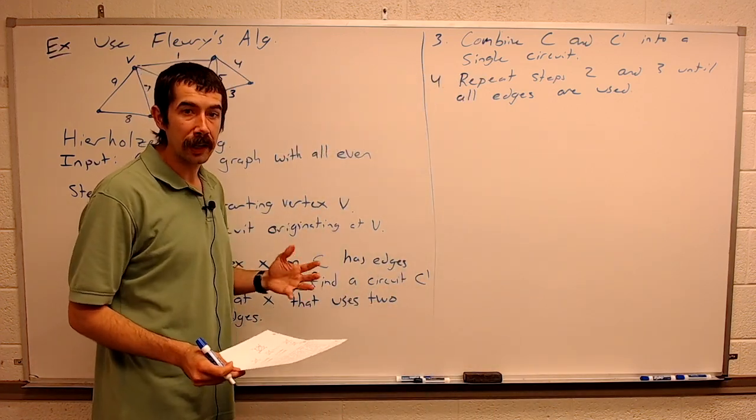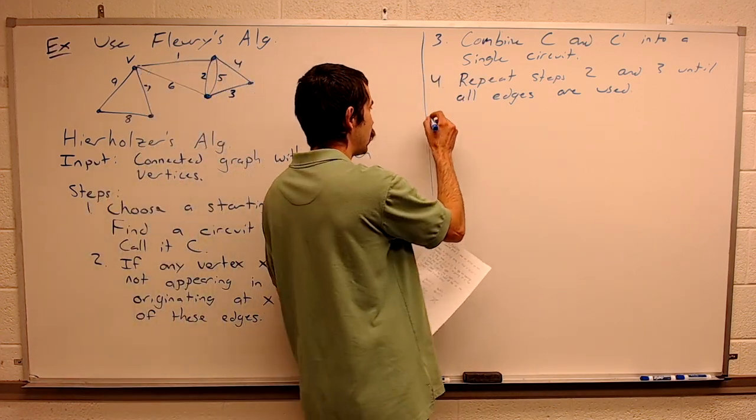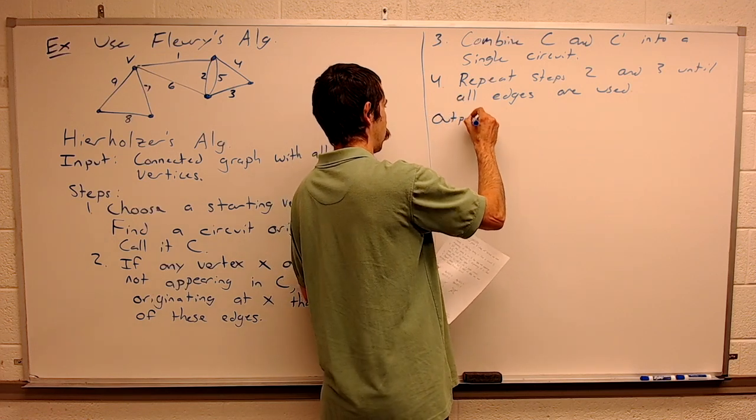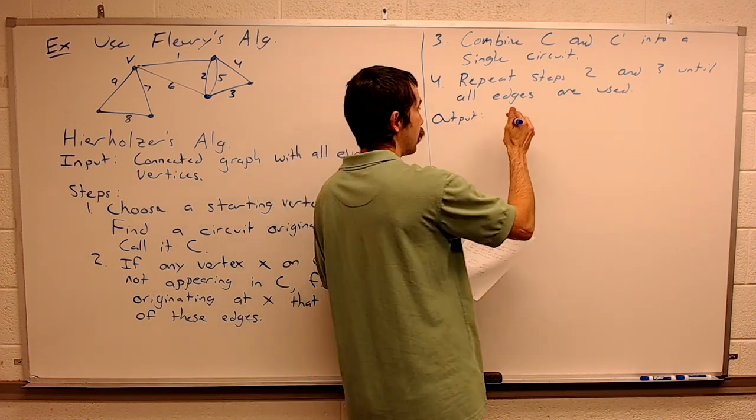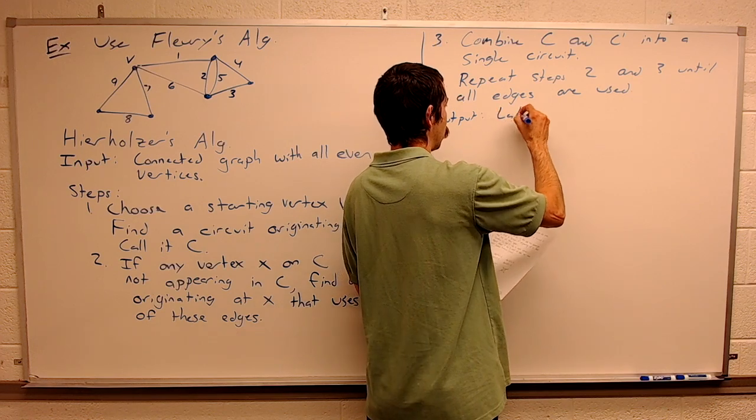All right, and if we complete all of these steps, what we get is, again, a labeled Eulerian circuit.